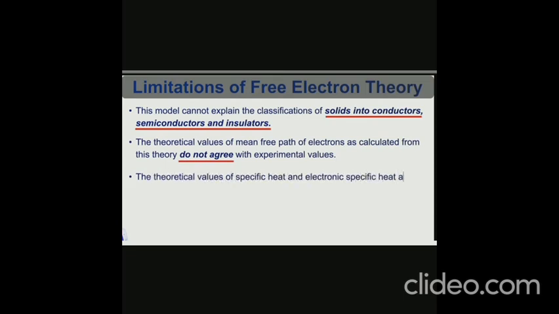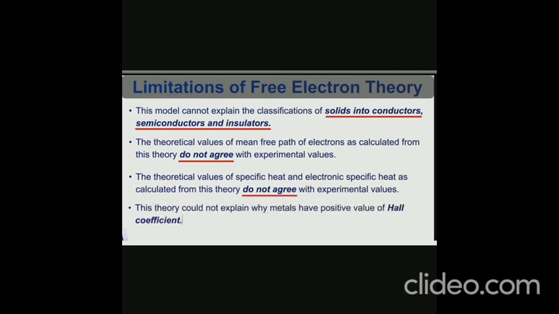The theoretical values of specific heat and electronic specific heat as calculated from this theory do not agree with experimental values. This theory could not explain why some metals have a positive value of Hall coefficient. And last, the Wiedemann-Franz law deviates at low temperature, which is a limitation of free electron theory.